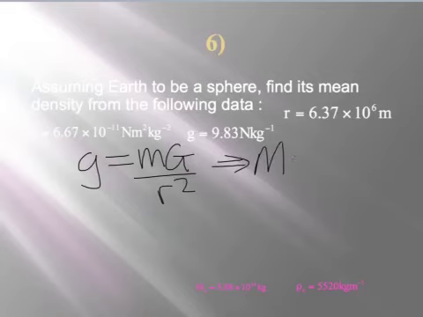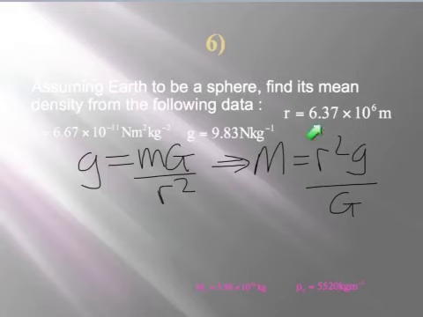So mass equals R squared g, small g, over big G. And if you do this carefully using these figures here, that's the radius figure, this is for the small g, the field strength, and of course big G, you should end up with this figure down the bottom here, mass 5.98 again, times 10 to the power of 24.